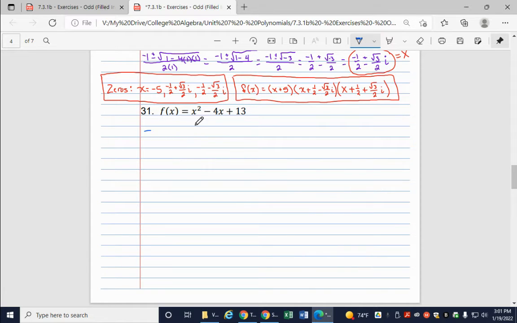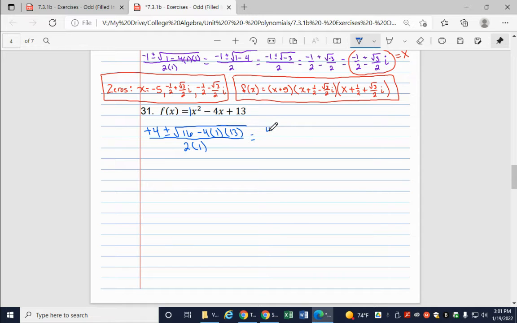Negative b is negative 4, so negative 4 becomes a positive 4. Plus or minus the square root of b squared. Negative 4 squared is a positive 16. Negative 4 times negative 4. Minus 4ac. A is 1. C is 13. All over 2a. A is 1.